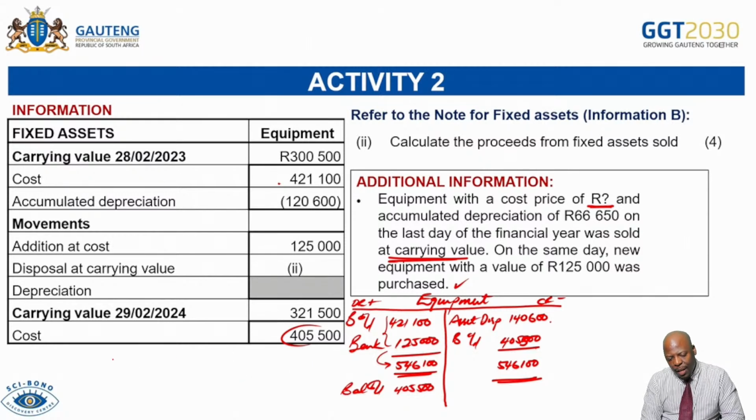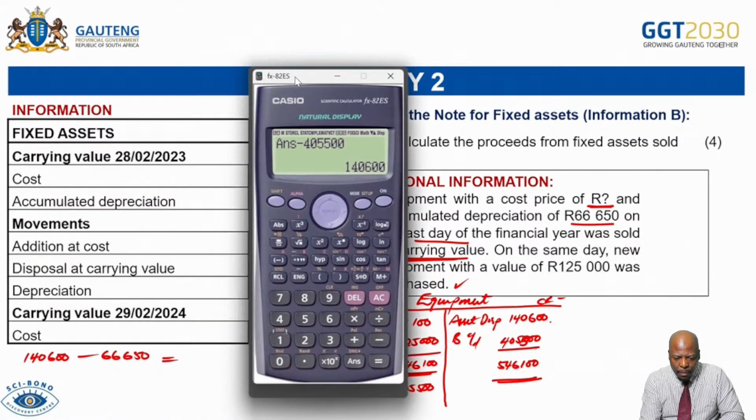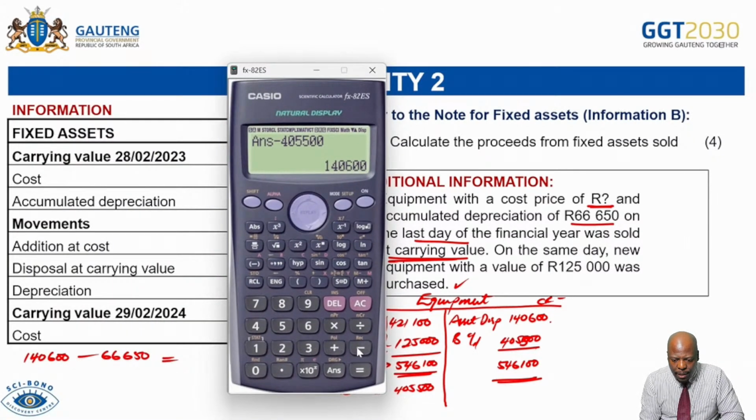Okay, so if I had an asset which had a cost price of 140,600, that was its cost, and I know it had accumulated depreciation of 66,650 on the last day, how much was its carrying value? So we come back again here. It's going to be 140,600 minus 66,650.